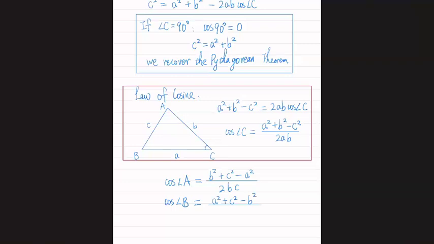What's the denominator? 2AC. Yes, the product of the two adjacent sides. Now we can see how to find the cosine using only the sides. The same thing as you replace stuff. So in particular, we can see the sides completely determine the angles. We have a formula to find them.